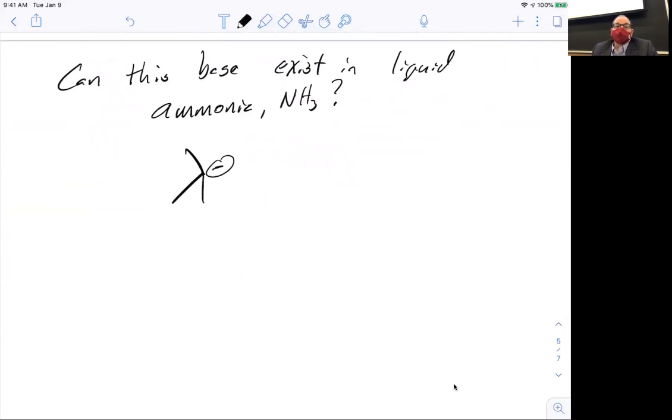Let's take a little time on this one. Can this base exist in liquid ammonia, NH3?